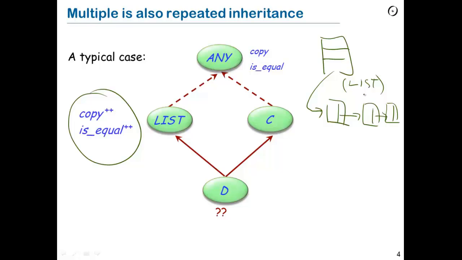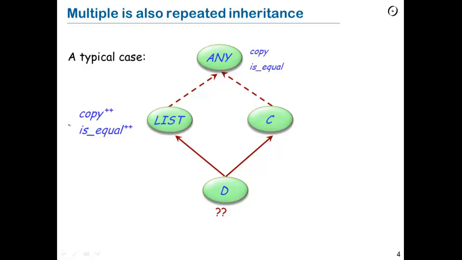And if we just had the standard copy, which comes from any, then copy would just copy the list header. But for list, what we really want to obtain when we copy a list is to copy everything, including the list elements. So if you look up classes like linked list, you will see that they indeed redefine copy to copy everything, and same thing for equality comparison of two lists, which doesn't just compare the list headers, but their elements. Let's assume that C has not redefined copy and is equal.